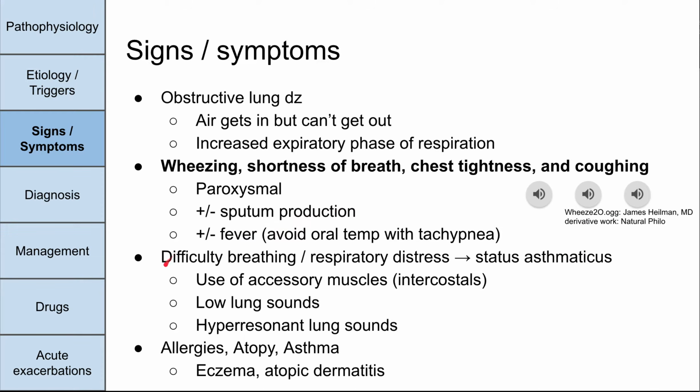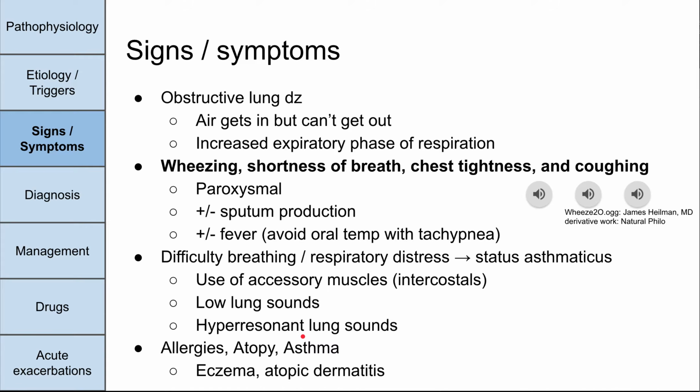If somebody really has difficulty breathing and they're in frank respiratory distress, we might call that status asthmaticus, and this is characterized by people using accessory muscles, the intercostal muscles in the chest, to help them breathe. On exam, they'll have low lung sounds, or they'll have hyperresonant lung sounds. Because it's an obstructive lung disease, the lungs might sound hyperresonant because air is accumulating in the lungs.